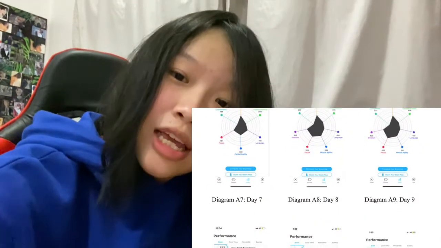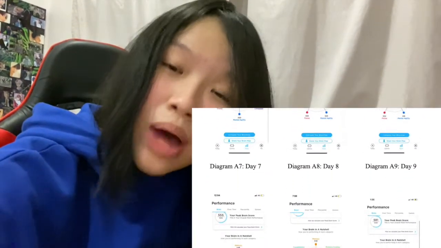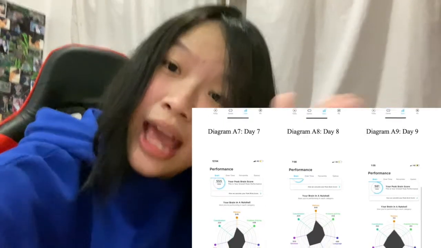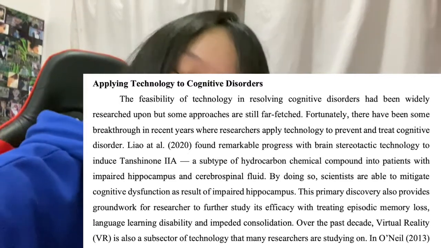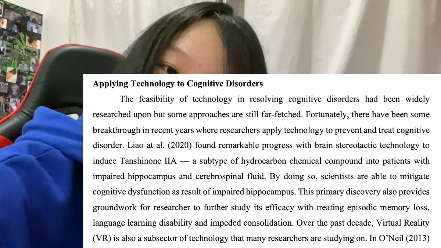And after testing it, we had to write a paper on whether we think that technology can help with cognitive problems or not. So for example, whether technology can help with motor dysfunctions, whether it can help with dementia, all of this you can write in your paper for the self-experimentation essay.